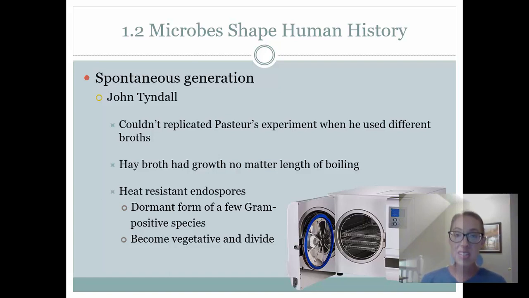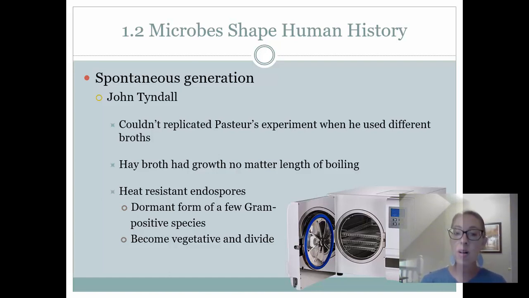We learned at a later date that Tyndall was unable to replicate Pasteur's experiments because the hay broth that he used had been contaminated with a type of bacteria that produce endospores.